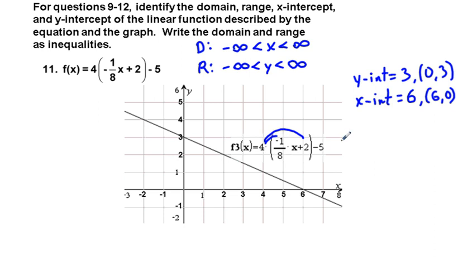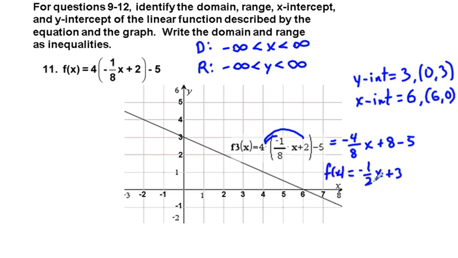We have 4 times, I'm going to work to the right, 4 times -1/8, so we get -4/8 x, and then we have 4 times 2, it's going to be +8, and then -5 on the outside, so we're going to get -1/2 x, and then we have 8 minus 5 is going to be +3, and that's going to be f of x.